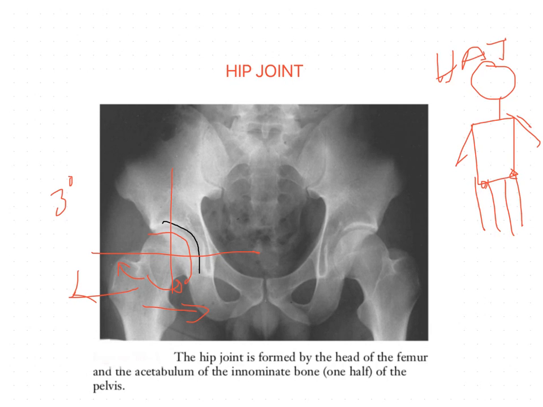So in both cases, in static erect posture as well as dynamic postures, this hip joint is giving support to the weight of the head and the trunk.